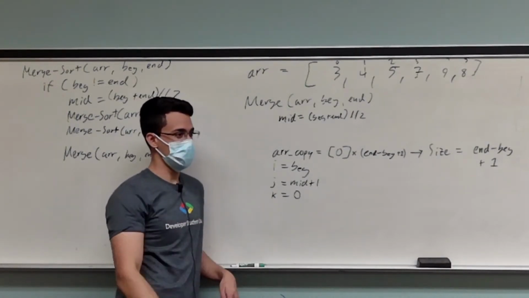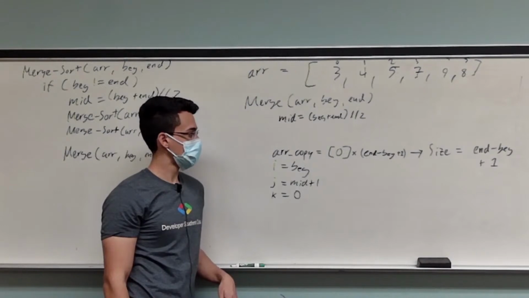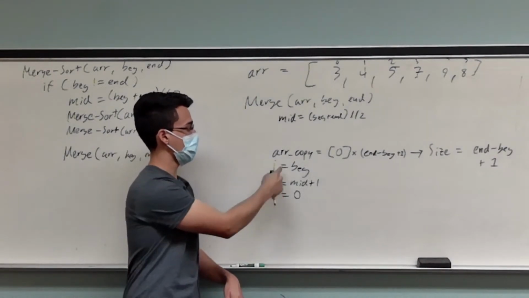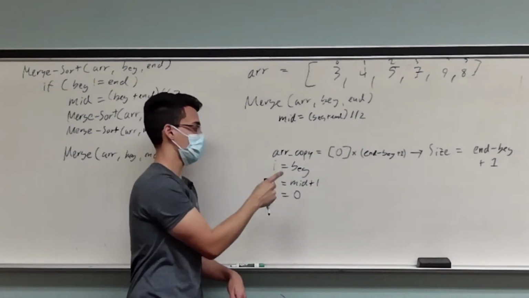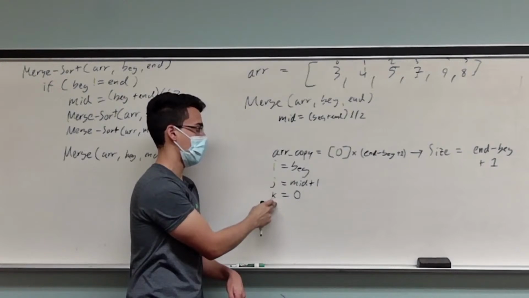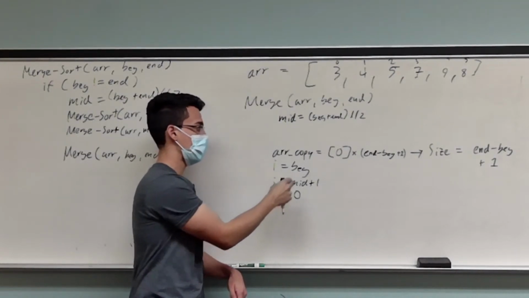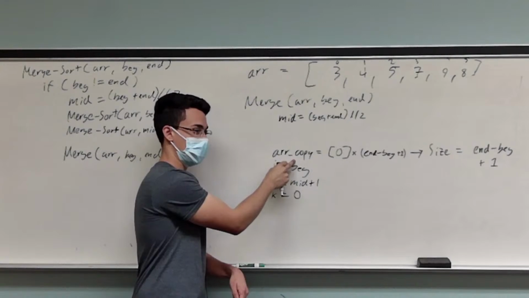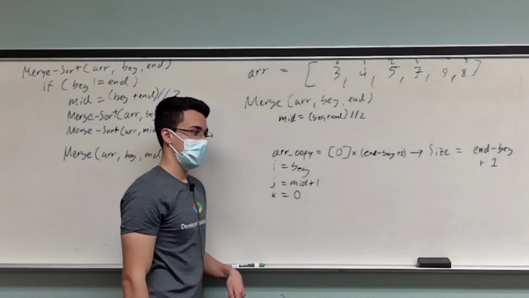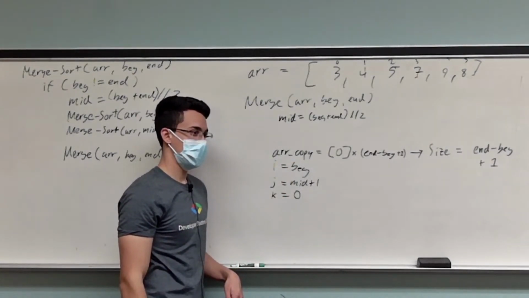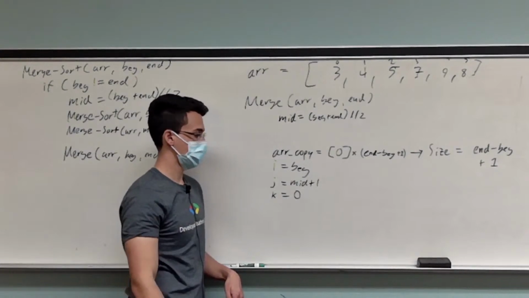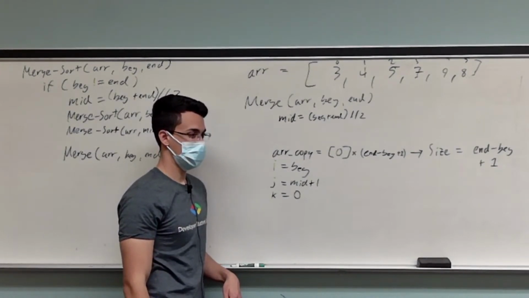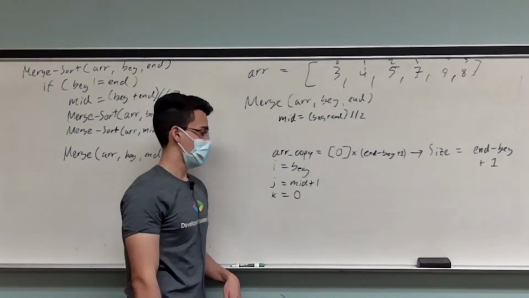So what are we using K for? K is going to be our indexing variable for array copy, the new one that you created.